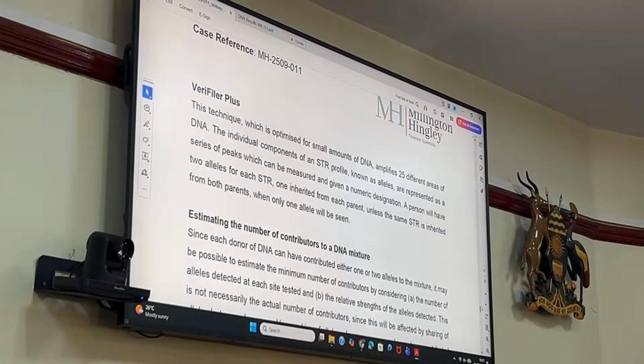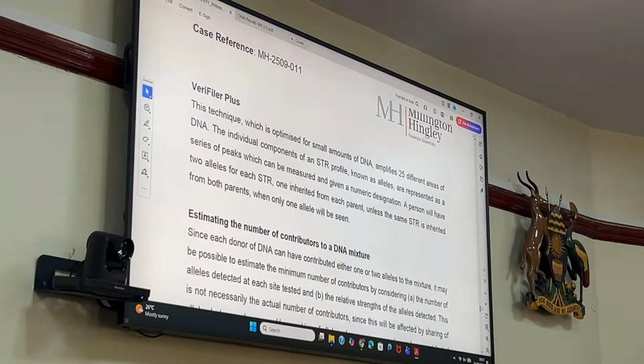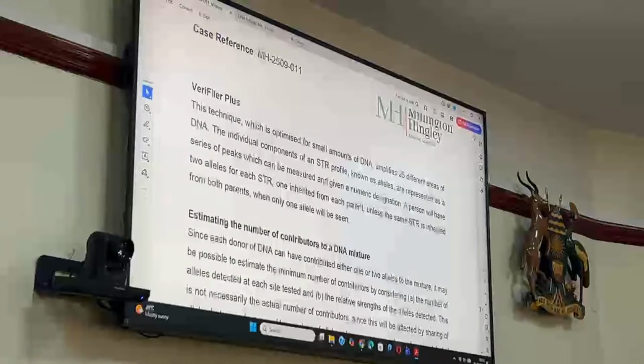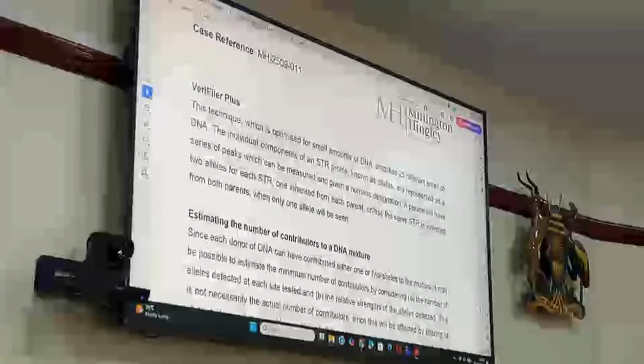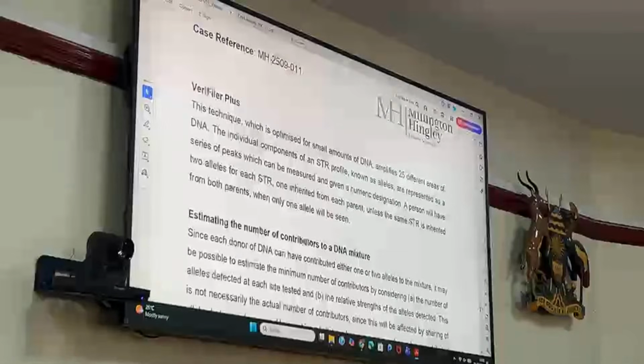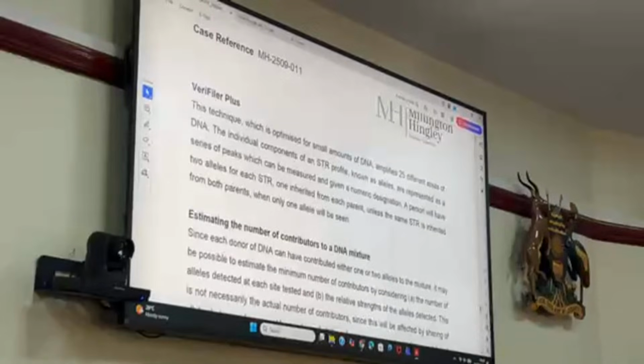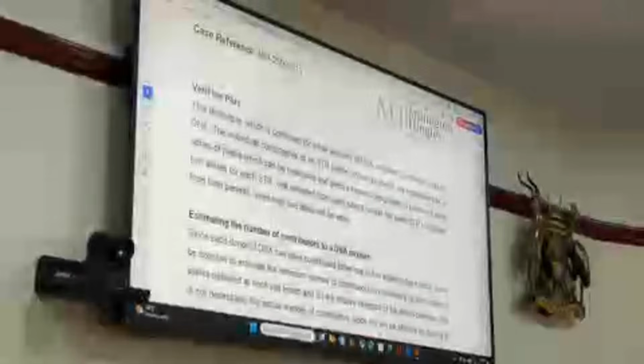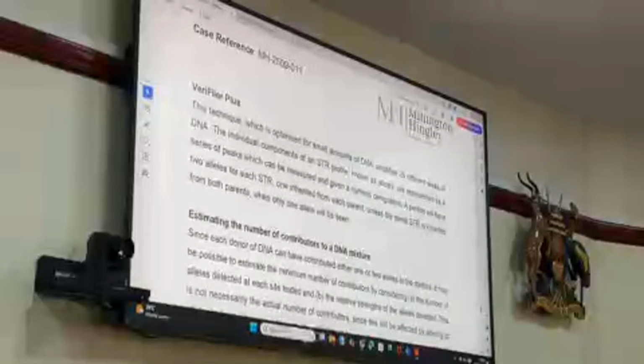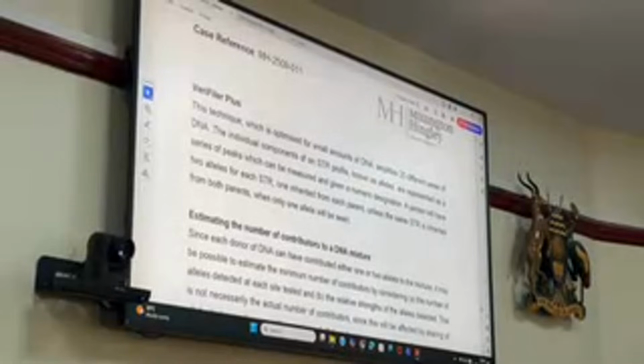Okay. Maybe just take us through Verifiler Plus, and then I'll ask you a few questions just to make it clear for all of us. So the technique used here in Uganda is Verifiler Plus.